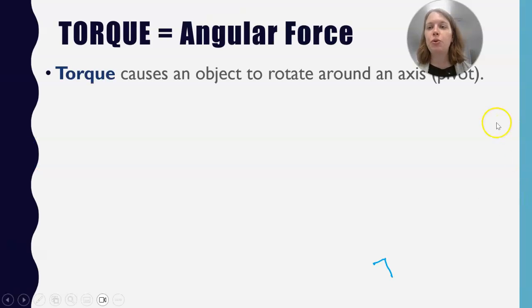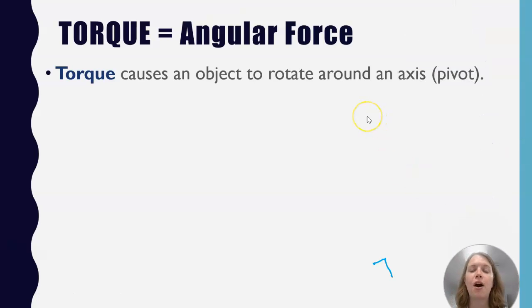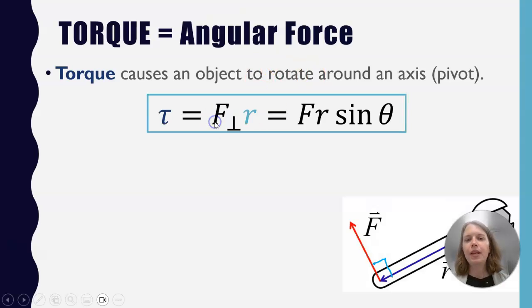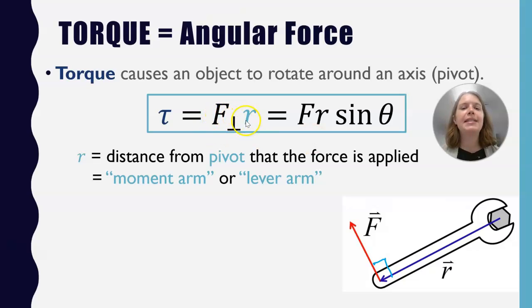So what is torque? Torque is essentially the angular analog of force. It causes an object to rotate about its axis, its pivot point, its rotation axis. In your reference table, it's expressed as, I think it's actually r perpendicular F, but I'll write F perpendicular r, and that's equal to F r sine theta.